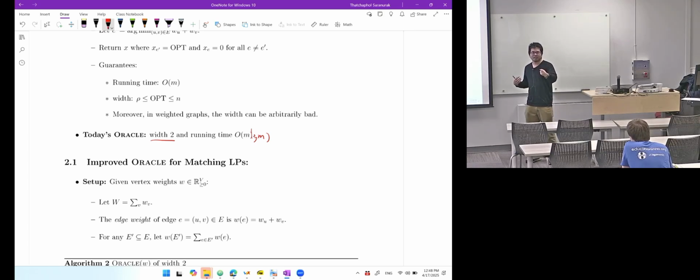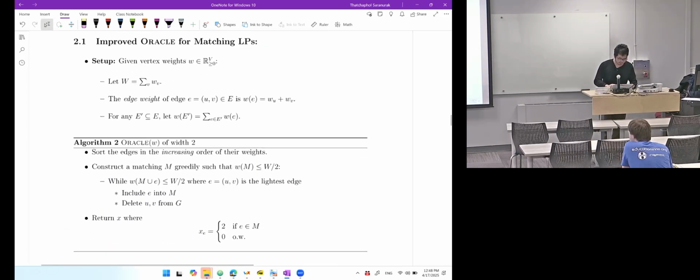So we try not to do that. We try to find many edges and put value into different edges, and hope that maybe now the width is smaller. Okay.